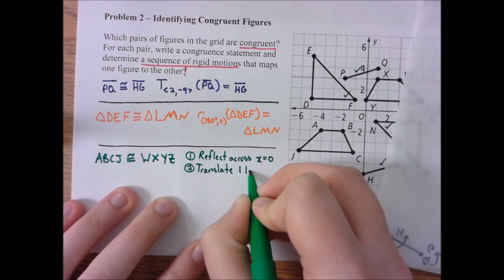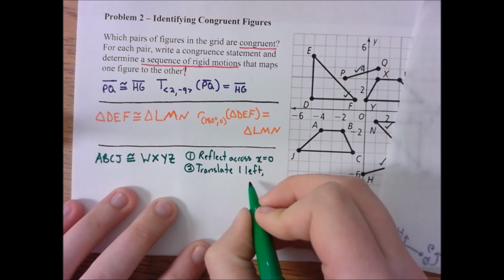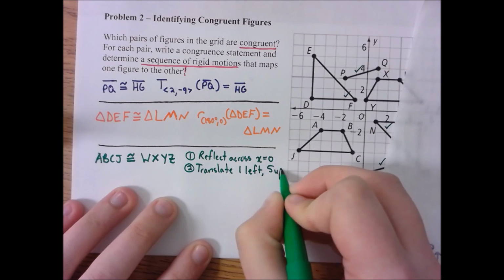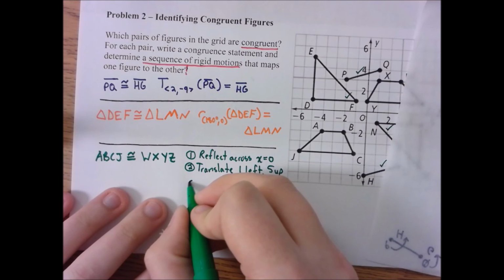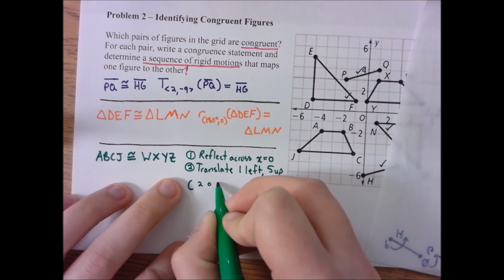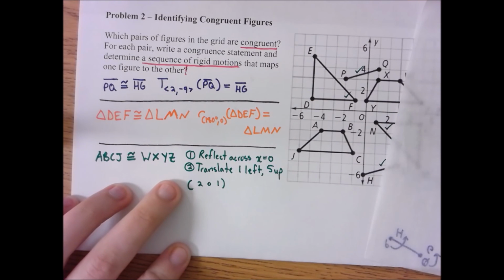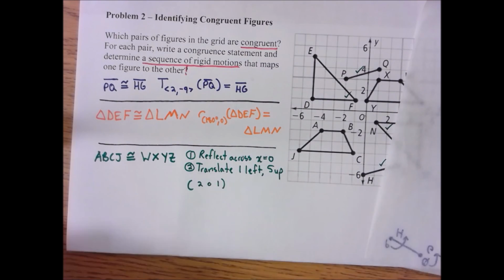We went 1 left and 5 up. Now again, the way that we've been writing this is we're going to write the second transformation, little circle, first transformation. Meaning, we do the translation after we do the reflection.